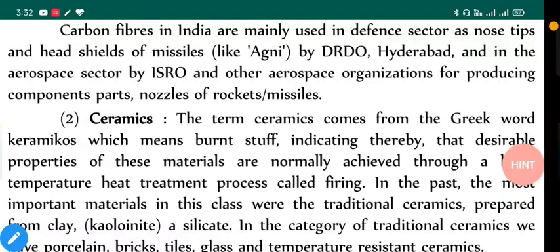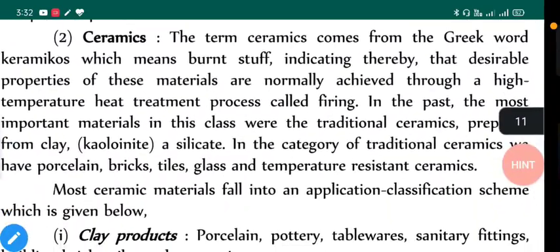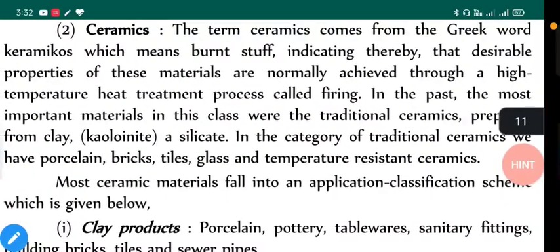Carbon fiber in India is mainly used in the defense sector as the nose tips and heat shields of missiles like Agni by DRDO Hyderabad, and in the aerospace sector by ISRO and other aerospace organizations for producing components, parts, nozzles of rockets and missiles.